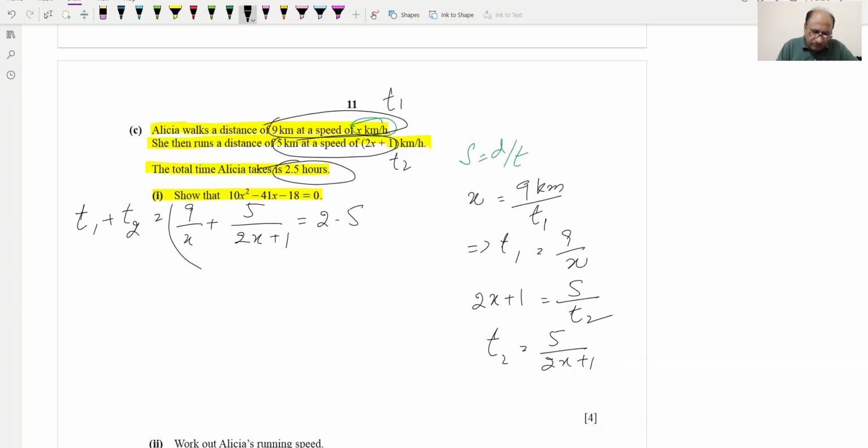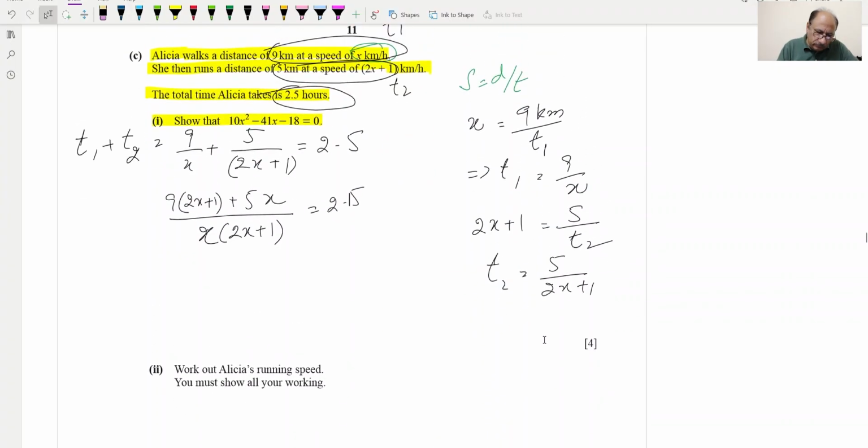Now we can simplify this equation which we have formed. We will multiply everything by x into 2x plus 1, or otherwise we can take LCM on this side. It will be x into 2x plus 1, and this will be 9 multiplied by 2x plus 1 plus 5 multiplied by x, which is 5x, is equal to 2.5. Now further we can cross multiply and open brackets.